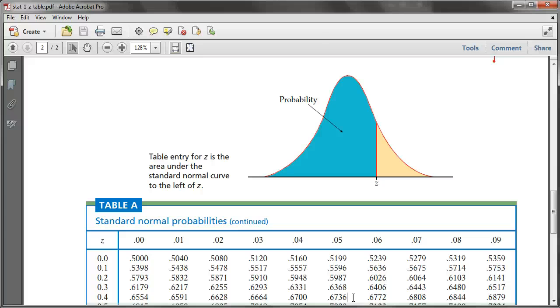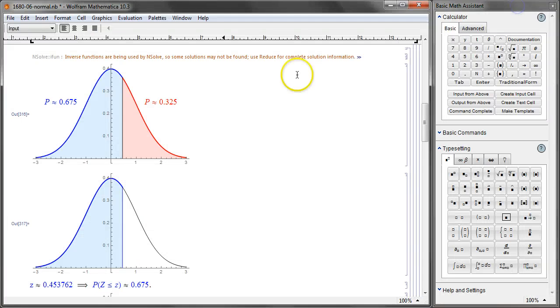0.45, 0.46, somewhere in between, and 0.455. Well, okay, that looks okay to me. 0.455.